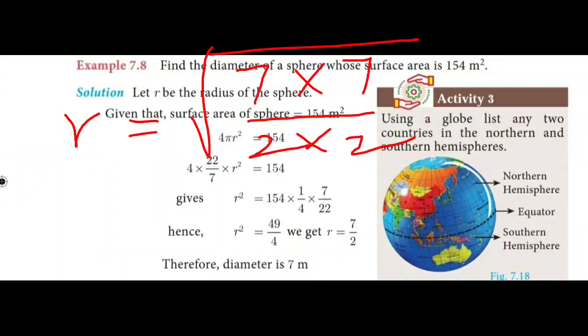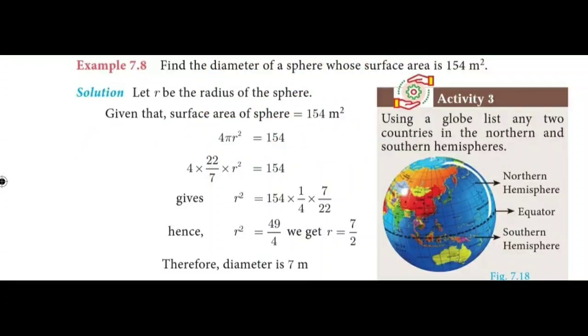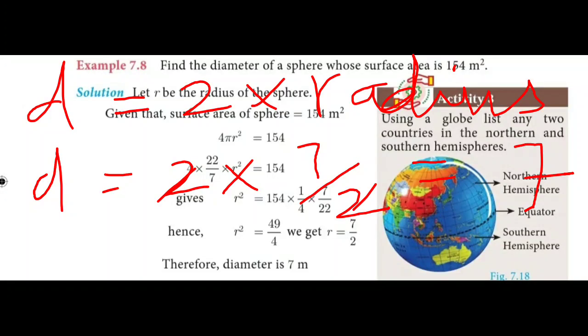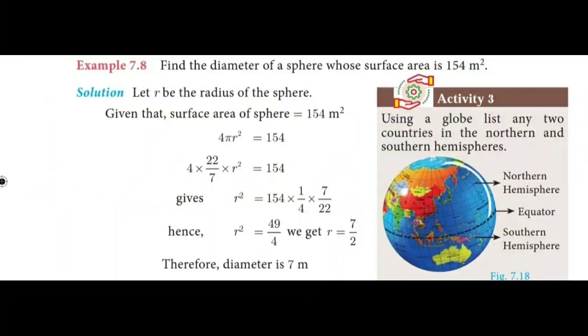Then r is equal to square root of 7 into 7 divided by 2 into 2. We get r is equal to 7 by 2. Then diameter is equal to radius into 2, then radius is equal to 7 by 2, then diameter is equal to 7 meter.